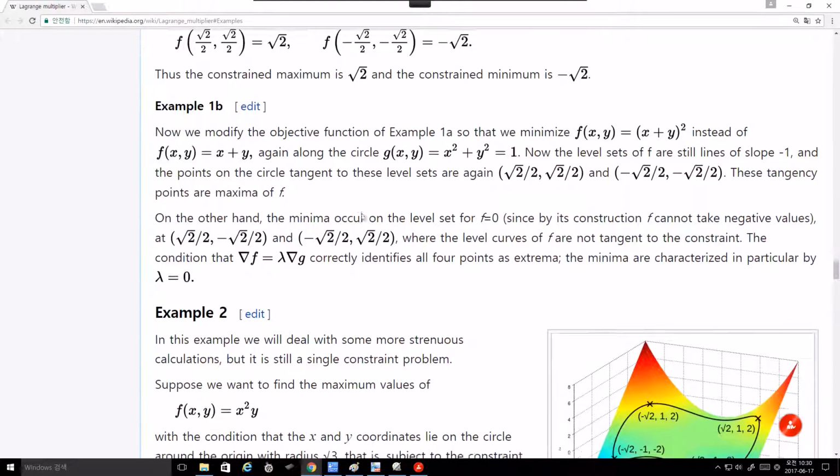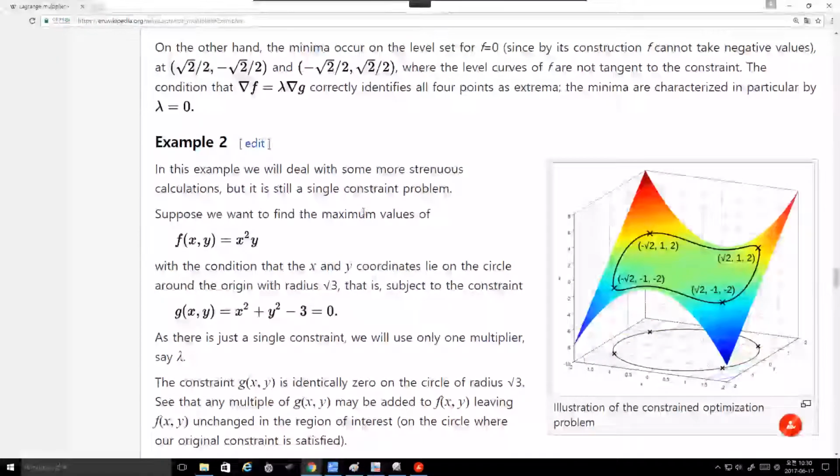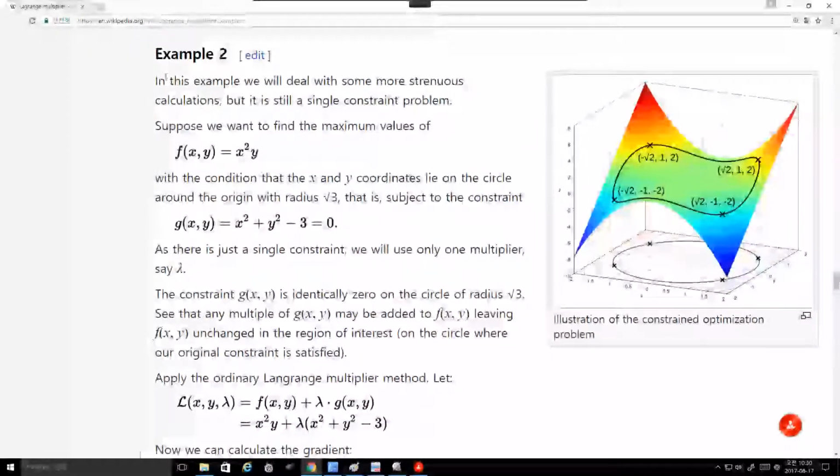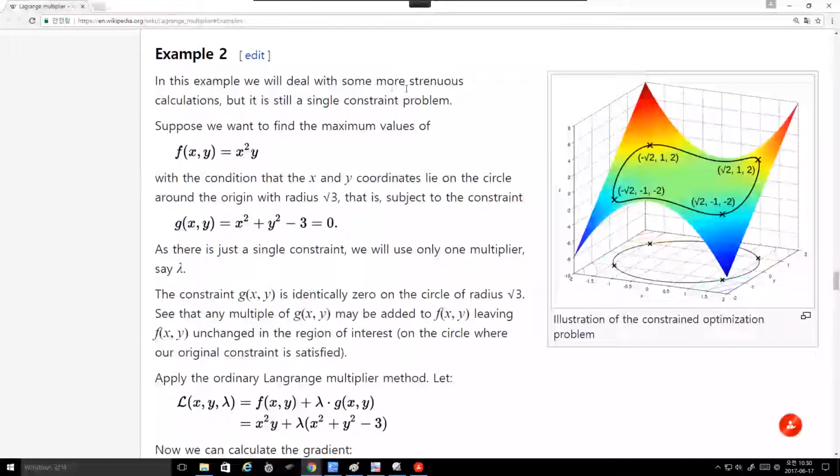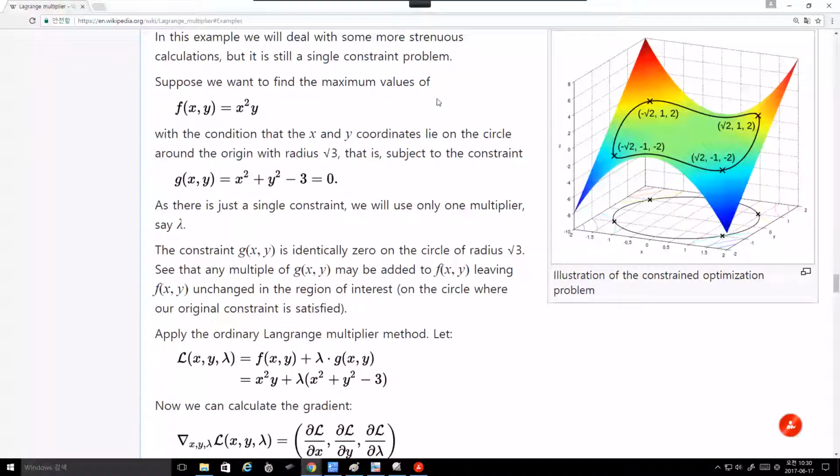Now another example. In this example, we will deal with some more tenuous calculation, but it is still a single constraint problem. Suppose we want to find the maximum value of f(x, y) equals x squared y, with the condition that the x and y coordinates lie on the circle around the origin with radius root 3.